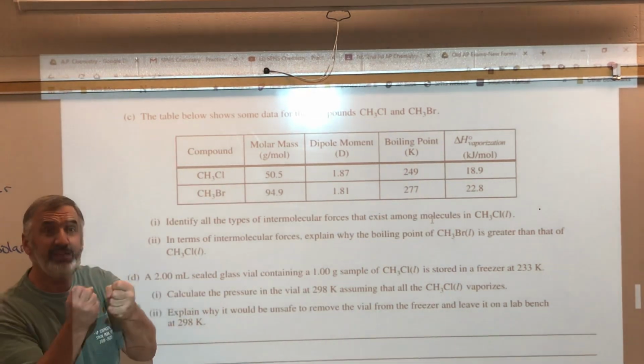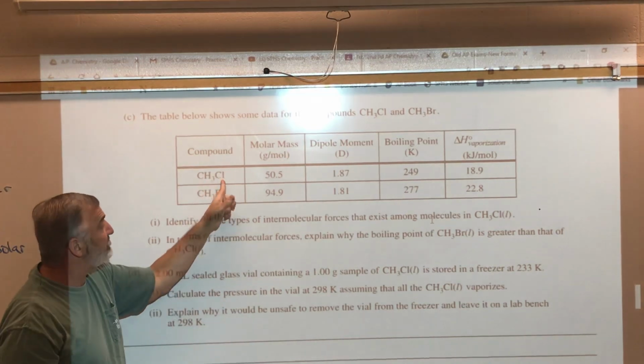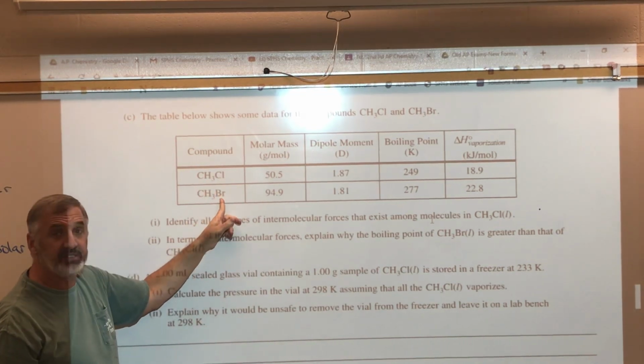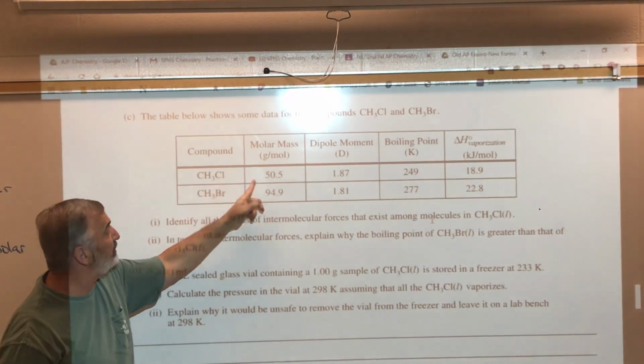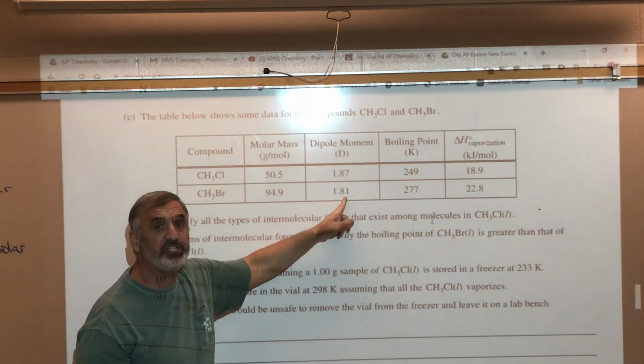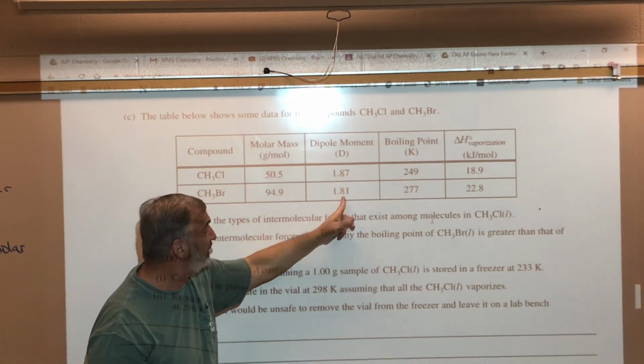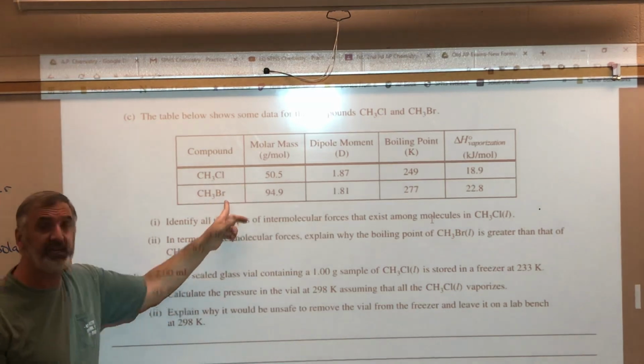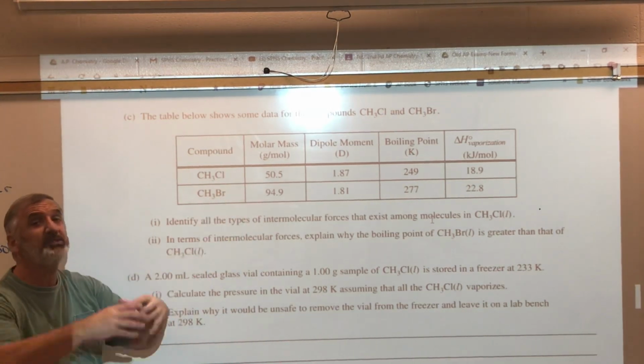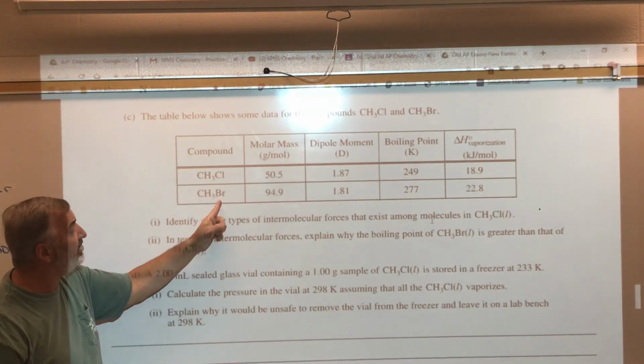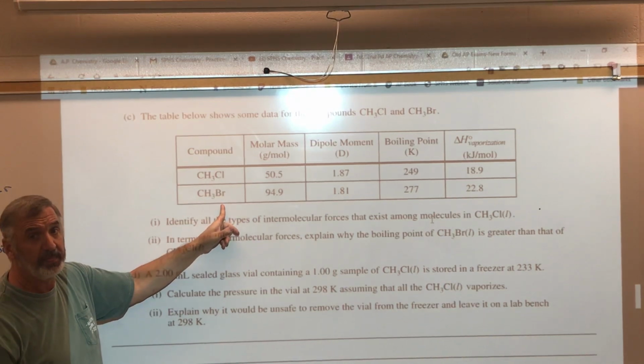We have competing things going on here. This is more electronegative than this. So that means the dipole-dipole, notice your dipole moment. That's a measure of your polarity. This one's more polar than this one because chlorine's more electronegative than bromine. But bromine has a much bigger electron cloud than chlorine, so the London forces are greater here.